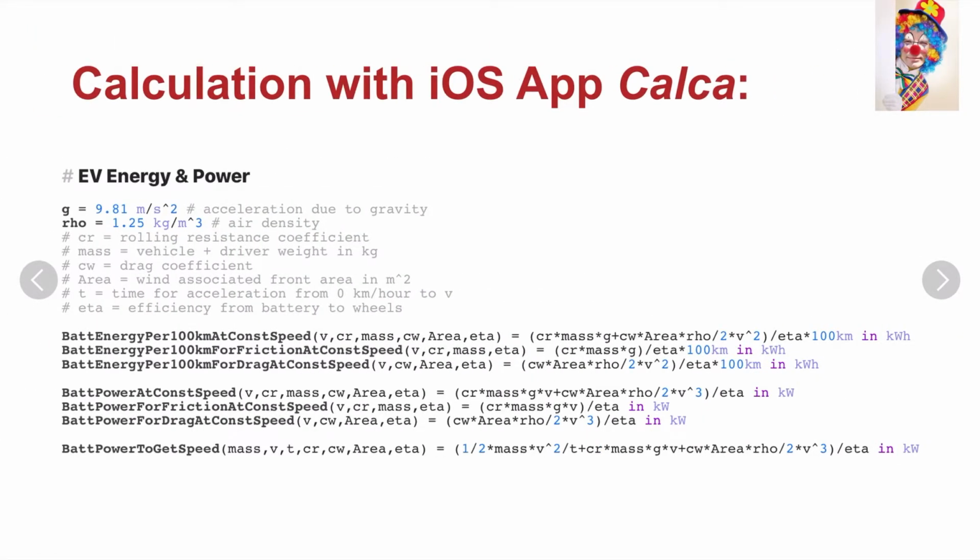So I'm doing here the calculation with the Apple iOS application Calca. So this is quite convenient here. And here again you are seeing the parameters which are used. G, the acceleration due to gravity, which is 9.81 meter per square seconds.